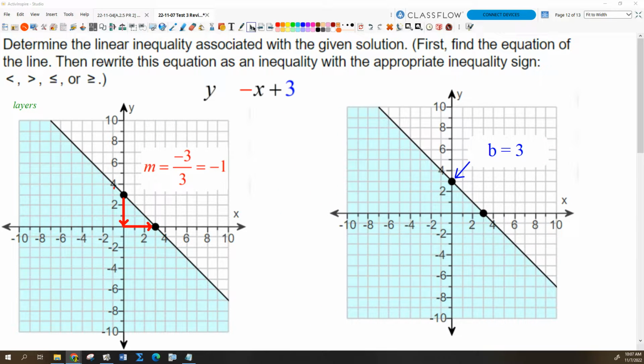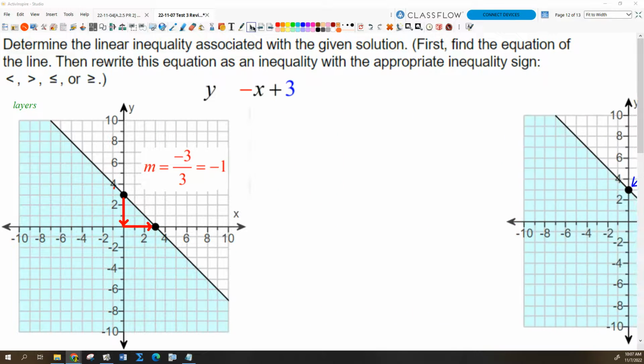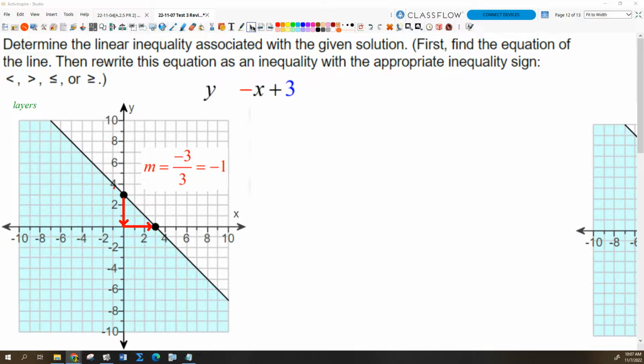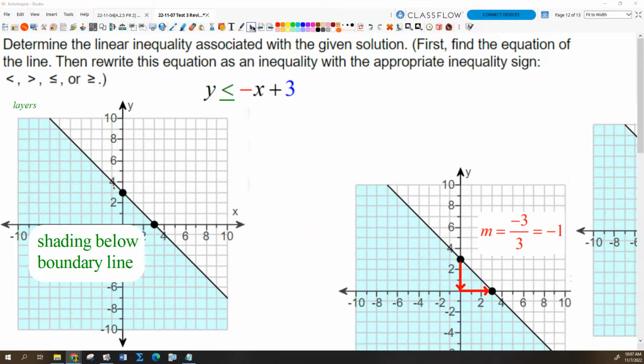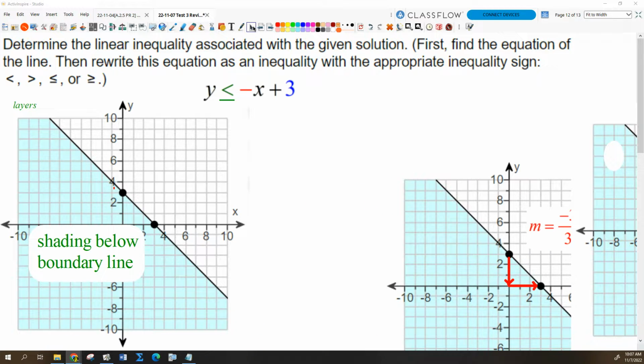There's my slope triangle that shows us that. Now we need to know what kind of inequality are we using, solid or dashed? Solid, and are we shading above or below? Below, so which one would I use then? Less than or equal to. Okay, and there we have it. Give me thumbs, we good on that?